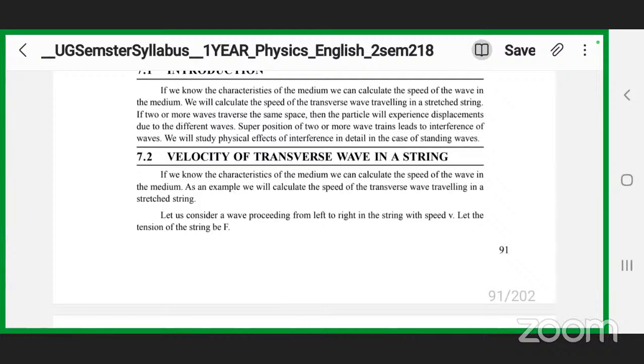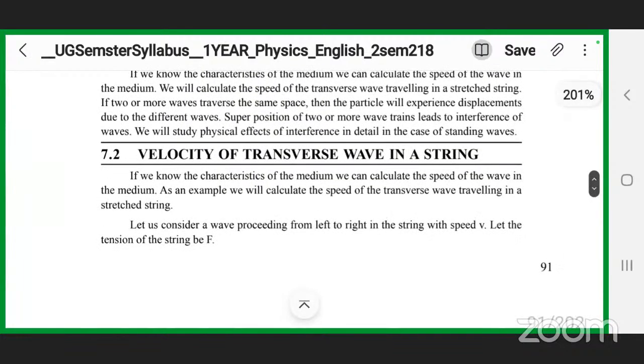Let us consider a wave propagating from left to right in the string, which should be under tension, traveling with a speed v.